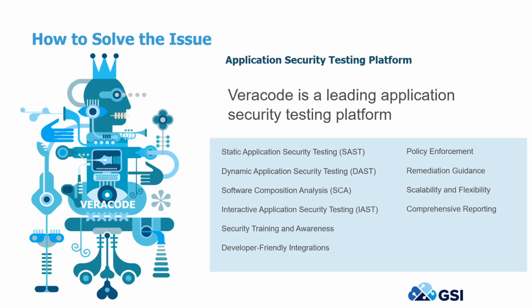It can do software composition analysis. So if it has libraries that are brought into your software that have been compromised, it will call them out and it will say, look, this library that you're using is a high level security risk, and this is the version you should go to.